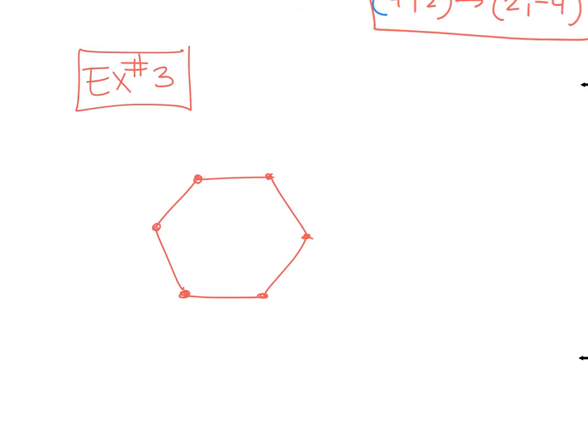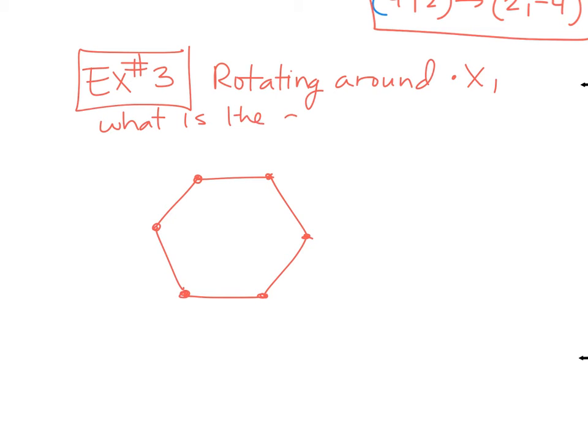So we're going to say this is a regular hexagon, and we are rotating around point X and asking this question: what is the angle of rotation from point B to point F?